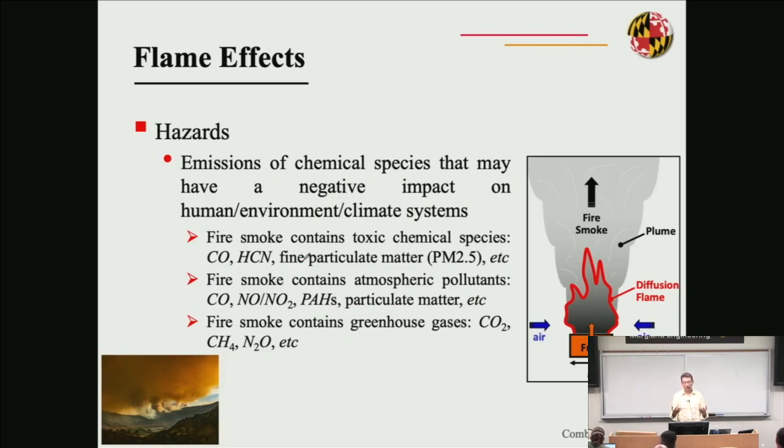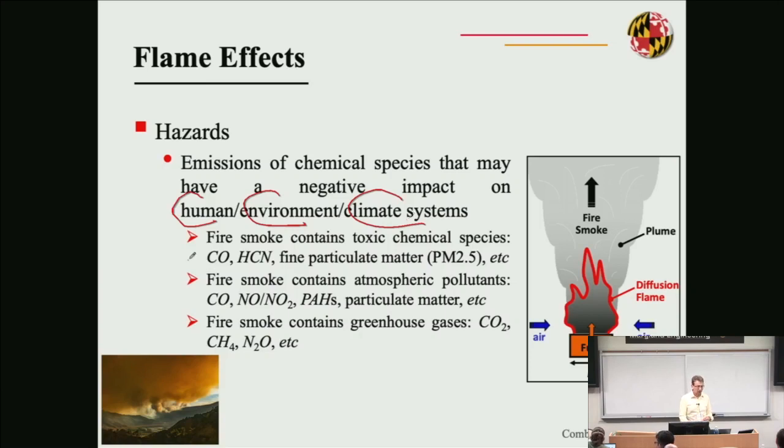And if you want to characterize the chemical composition of the smoke, you have to do some chemistry. In particular, you want to look at the negative impact of the fire smoke on human health, on the environmental system in terms of air quality, and on the climate system in terms of production of greenhouse gases.